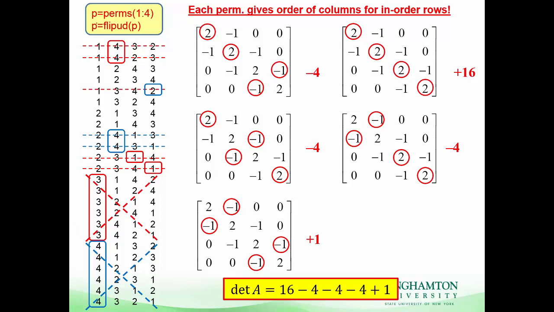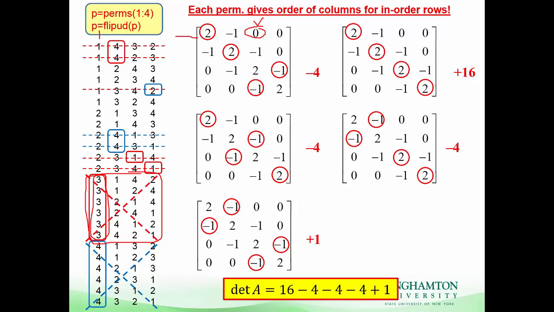This is row 1, and it's all the permutations that would take row 1, column 3. Well, what's row 1, column 3? It's that number right there. So every permutation in that box is going to have this element in it, which is 0. So all of those are gone.